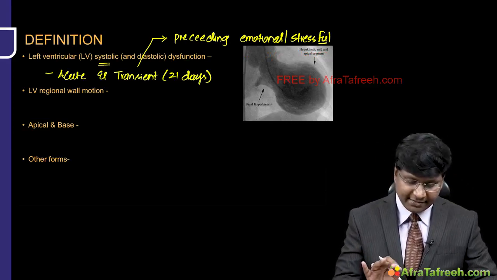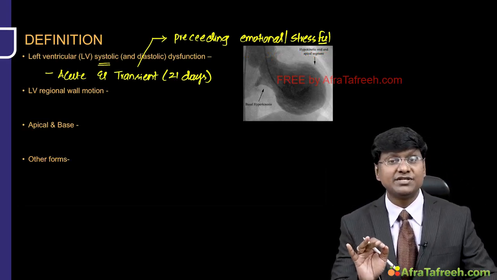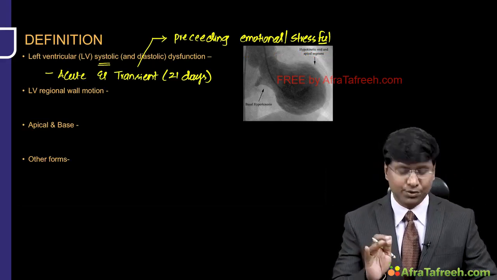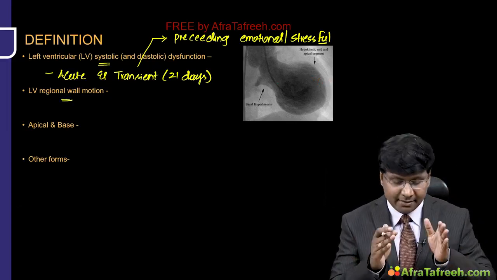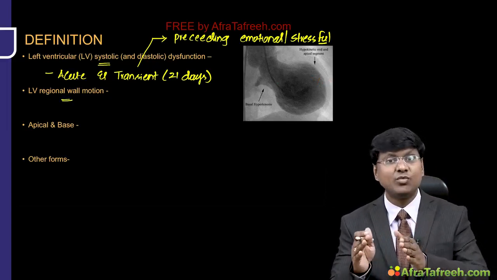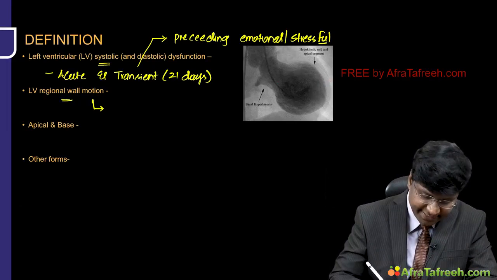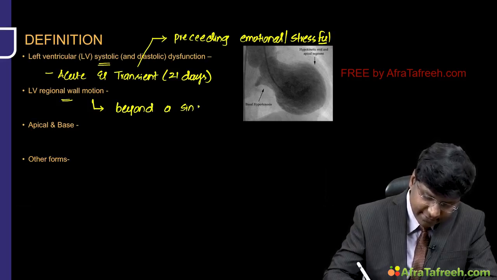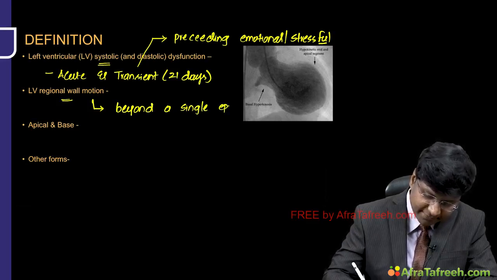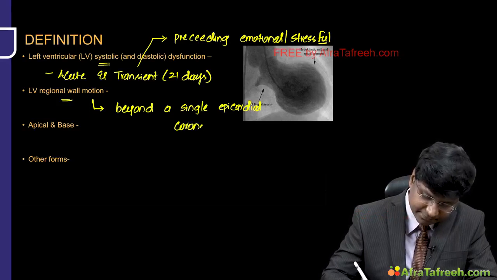In these patients, two-dimensional echocardiography will show left ventricular regional wall motion abnormality, but this abnormality is present beyond a single epicardial coronary artery.